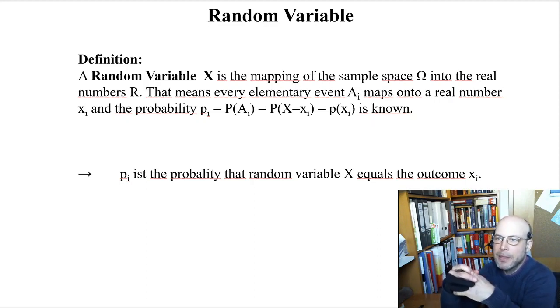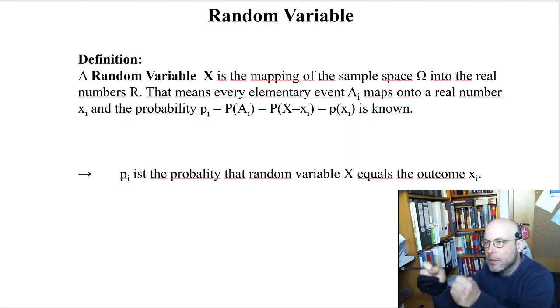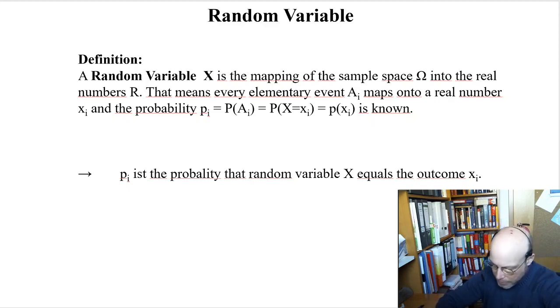So there we have some countability. This means that if we take not the sample space as a whole, but only one elementary event within this sample space, it maps onto some specific number xi.